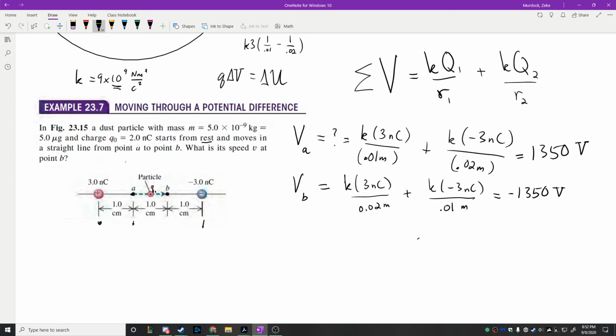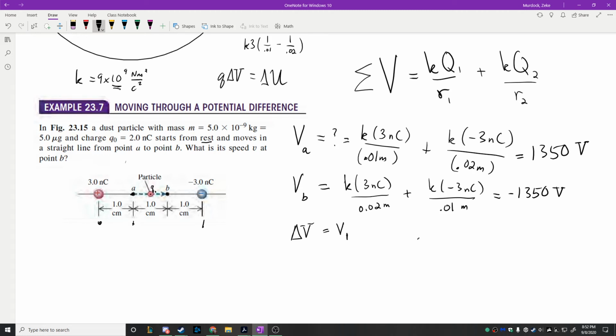Okay. Which point's the higher potential? Point A. That's good because our particle needs to naturally move from point A to point B. If it didn't, then the problem would be kind of silly. And in reality, the particle would actually move to the left. But that's not what happens. So now we know what delta V is, right? So delta V is equal to final minus initial, right?